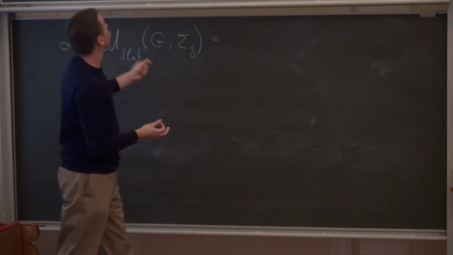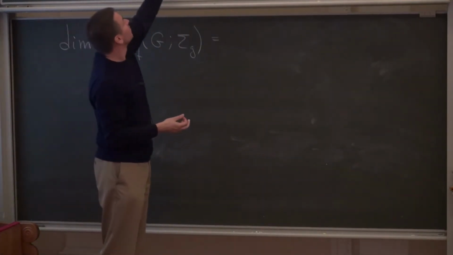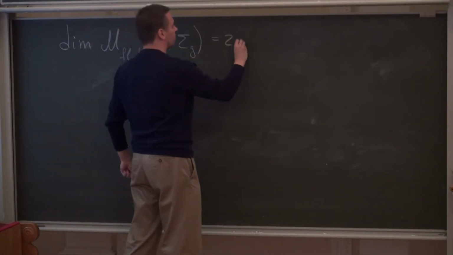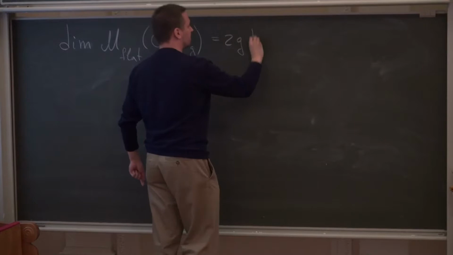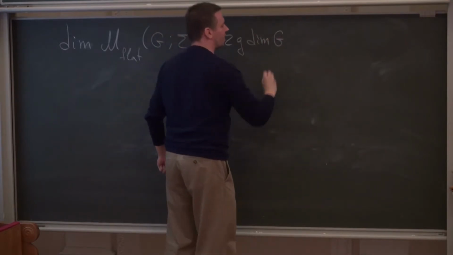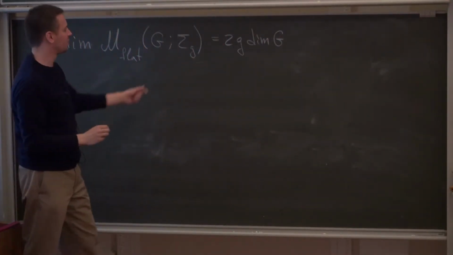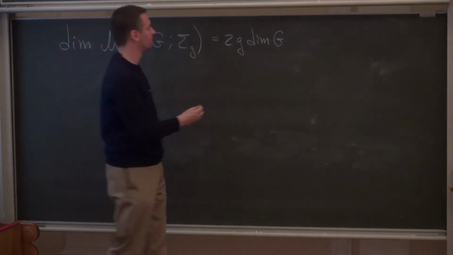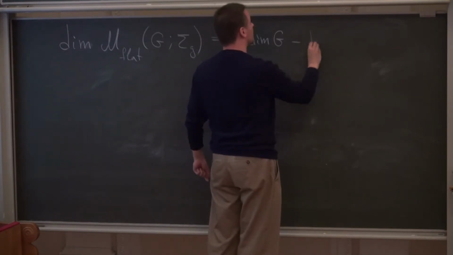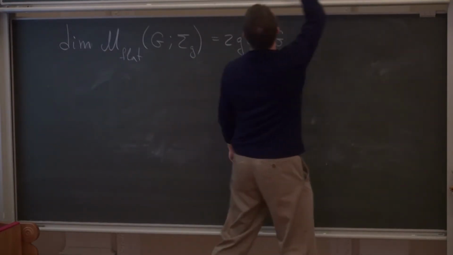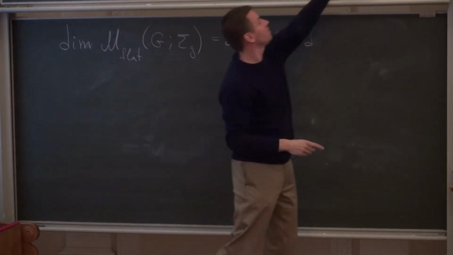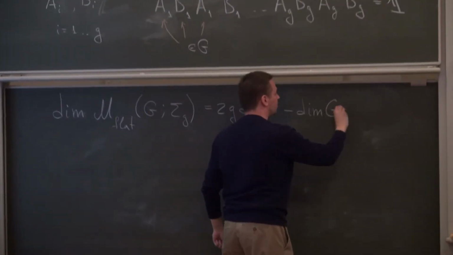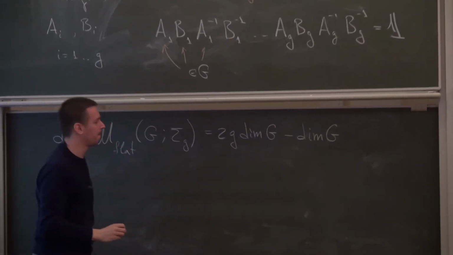The variables are the parameters contained in the A's and B's, so we have 2g times dim G parameters, coming just from the elements A and B. Again, if you think of the A's and B's as matrices, that's what we have. Then we have to impose this relation, because these matrices satisfy a matrix equation where they're supposed to be equal to the identity. So there are dim G relations imposed.